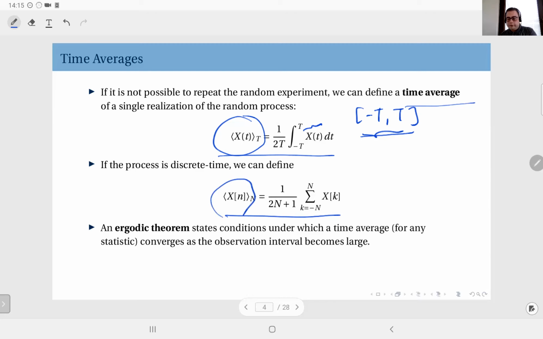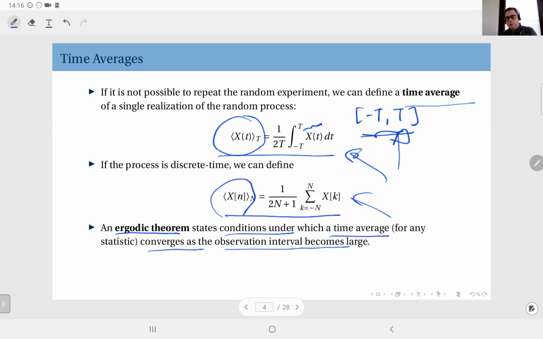Now, what is ergodicity? Ergodicity is that the time average converges to the true mean. If that is the case, we call a process mean ergodic. And an ergodic theorem gives us the conditions under which the time average defined in this way and this way for the suitable random process converges as the observation interval, essentially T, becomes large, okay?